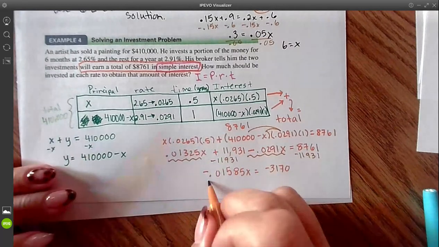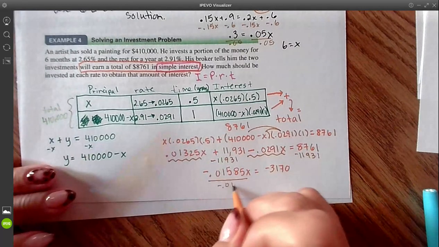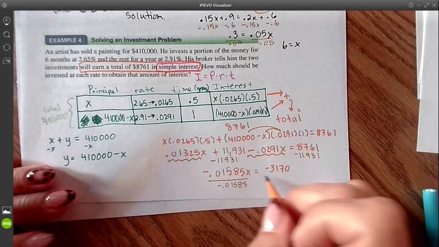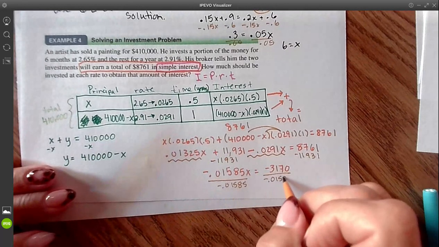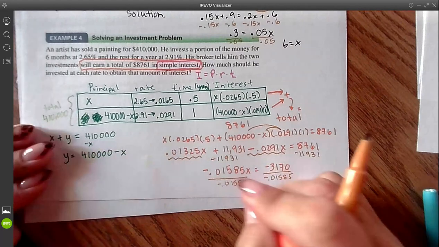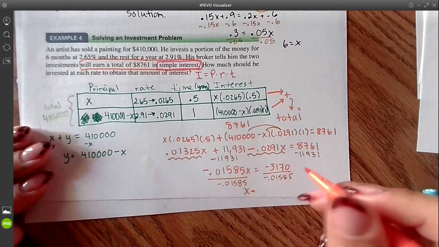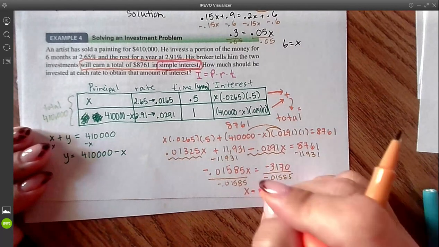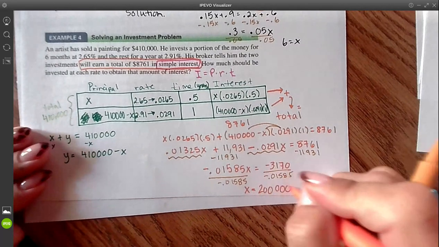Then we just need to divide both sides by negative 0.01585. And we get x equals 200,000. Well, that worked out nicely.